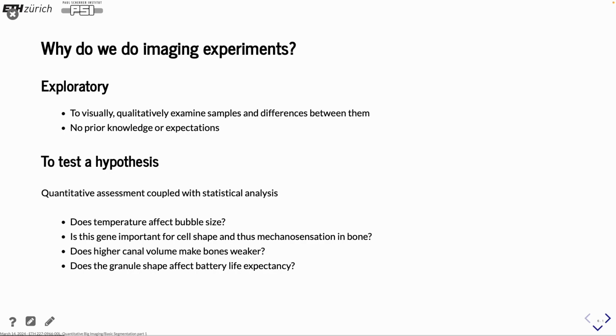And in batteries, it can be, for example, some kind of conclusion around lithium migration, or whether granule shape has an effect on the life expectancy. So there are many applications where you can set up a hypothesis and try to find out. Imaging is one way of doing it, and that is what we are talking about here.